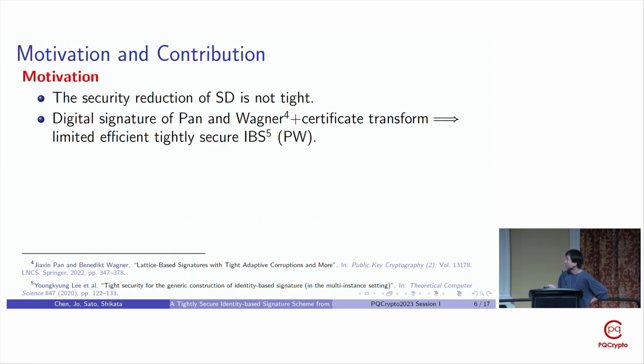Our motivation for this research is that the security reduction of SD is not tight, and that although there is a generic approach to construct a tight-security IBS by applying the certificate transformation to a signature scheme which is tightly secure in the multi-user setting, and Peng and Wagner do present a way to construct such a signature scheme from lattices and CSIDH, the obtained IBS has limited efficiency.